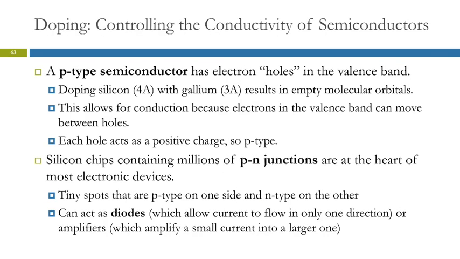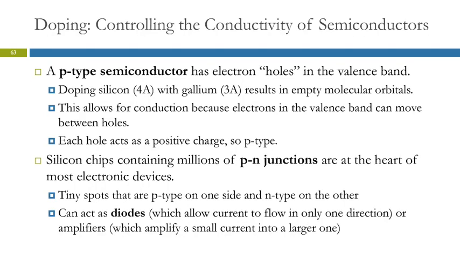Another way to dope a semiconductor is to use an element that has fewer valence electrons. So we can dope silicon, which has 4 valence electrons, with gallium. Gallium only has 3 valence electrons. So now you're going to have some empty holes in the valence band. When there are holes there, that allows electrons to move from where they were to the hole next door.